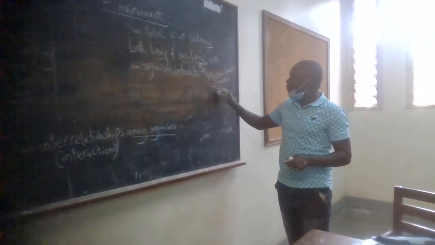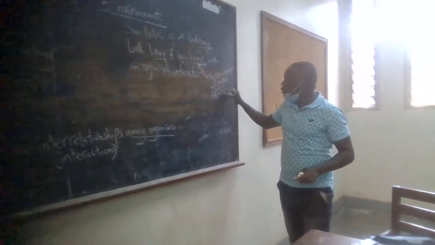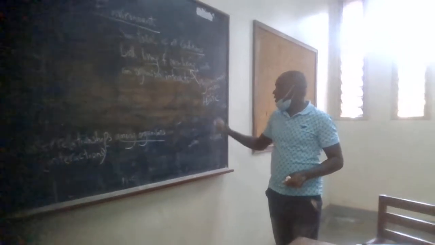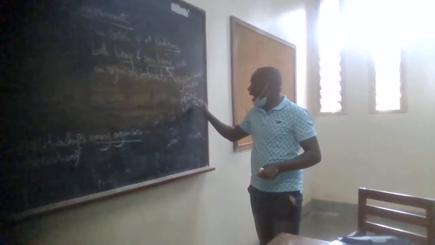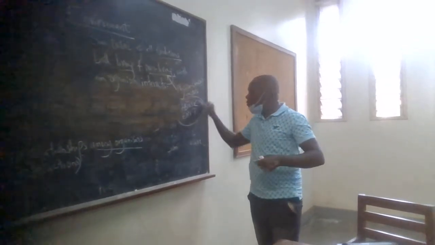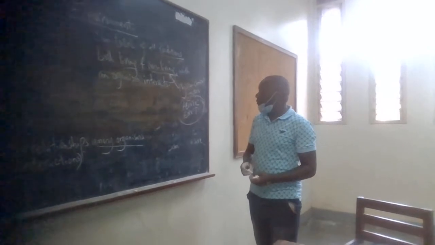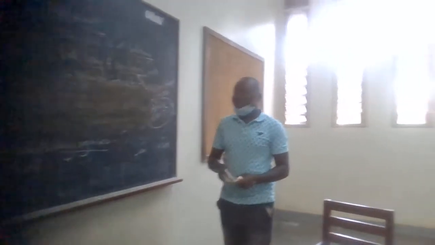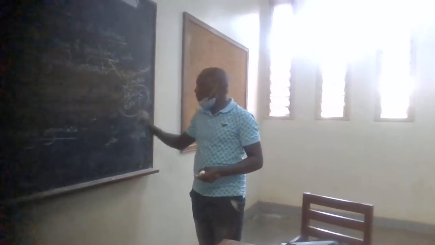But we are also going to see that they are also termed as what? Abiotic. So these factors constitute the abiotic environment of an organism. The physical-chemical factors, the non-living factors, constitute the abiotic environment of an organism.